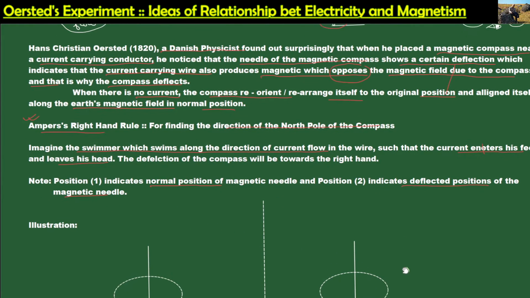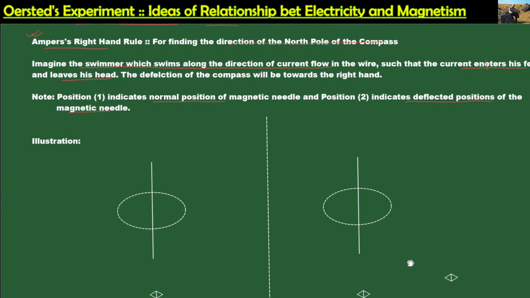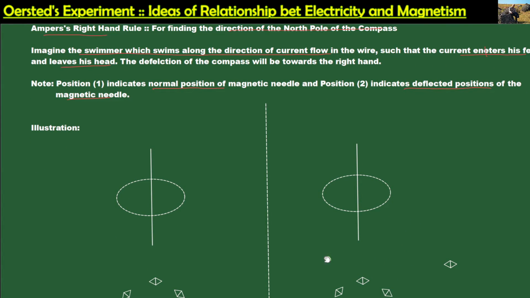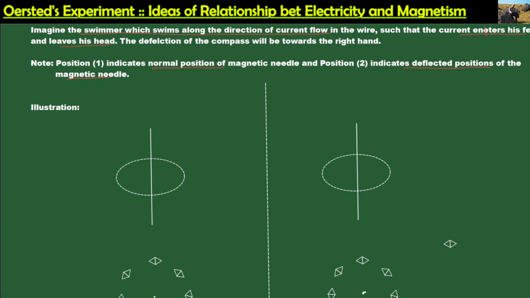Now, more illustration. In this illustration, let us consider a current carrying wire, and there is a current I which flows in the upward direction. This is the direction of your current flow.